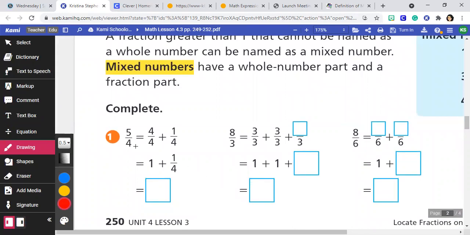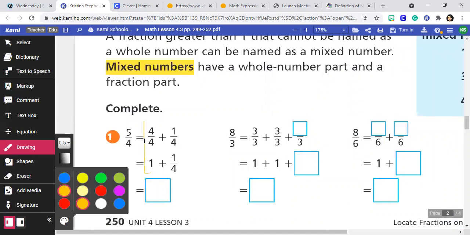So we've got 5/4. Now what we're going to do is deconstruct this and pull it apart. We can rewrite this as 4/4 plus 1/4, because we know that 4 plus 1 gave us that 5. But another way for us to think about 4/4 is that it equals 1.